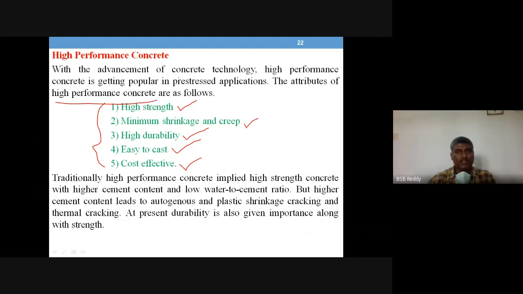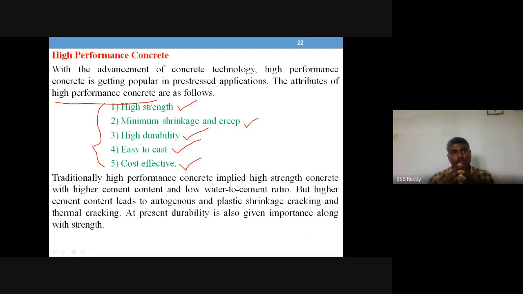It is nowadays popular in construction where you need high strength concrete. The clear difference between high strength concrete and high performance concrete is to avoid the attributes where you have a problem with the high strength concrete.